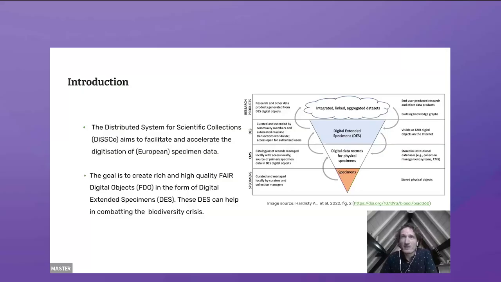And this is where DISCO wants to create that extra step to the extended specimen, where we link the specimen information with data from other infrastructures, such as DNA infrastructures or taxonomic infrastructures, and where together with our members and machines, we want to curate and extend the information so that in the end we can create valuable research products which can be used by researchers to combat the biodiversity crisis that we're in at the moment.